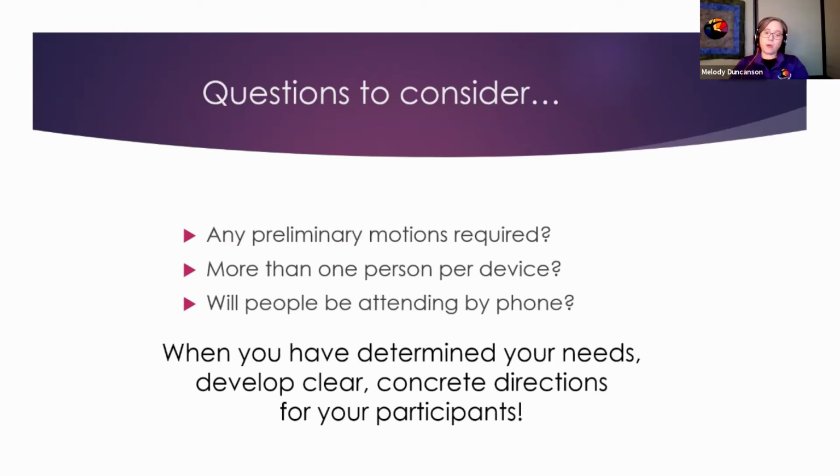Whenever you go through that agenda and you think about your context and the participants, when you've determined your needs, I really encourage you to develop clear, concrete, and consistent voting practices that are going to work for your context. We're going to go through a variety of different voting tools and reaction tools, but keep in mind they go from simple to more advanced, and they're going to meet different needs within the congregational meeting.